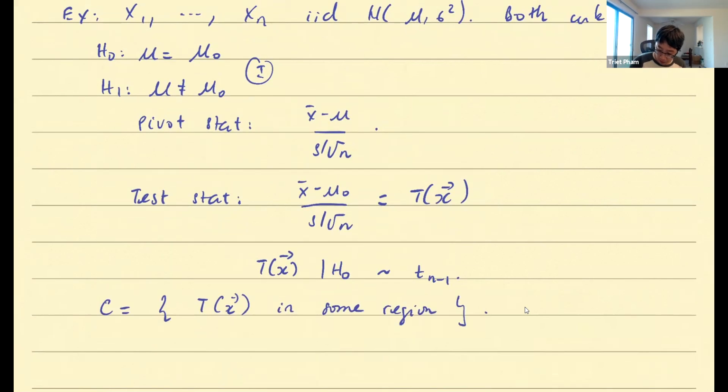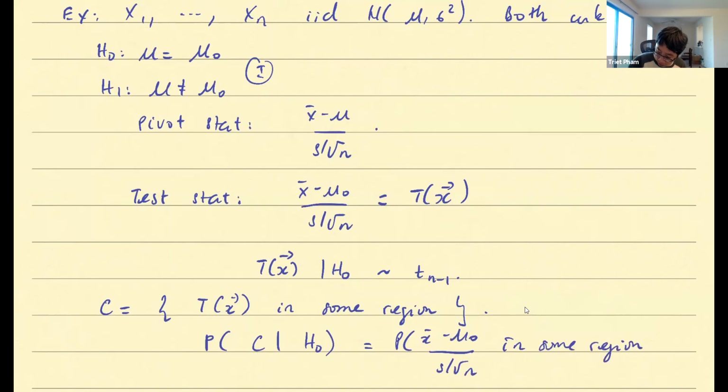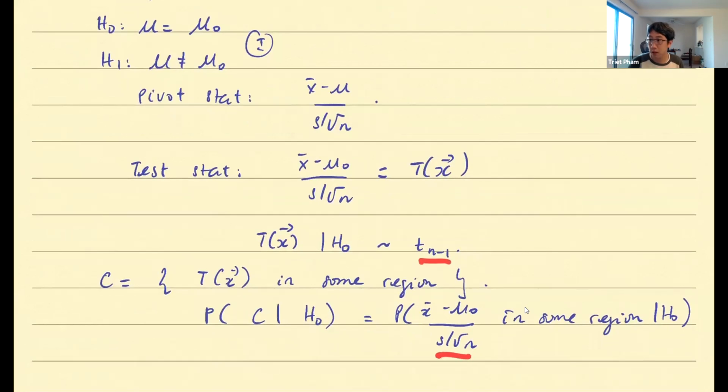And if you know that this has a T distribution, then computing the probability of C under the null, which is exactly the probability of x bar minus mu naught divided by S over root n in some region given the null, would just be the probability of the T random variable in some region. And that can be calculated. Okay, so that is the point.